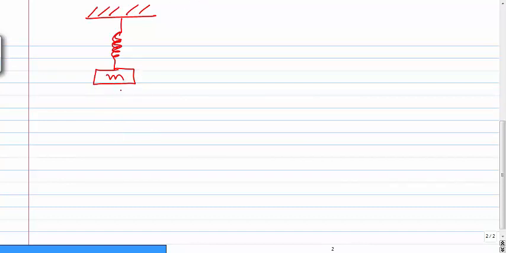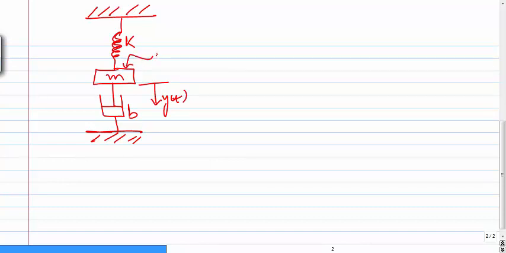Okay. Now after that you have this side. So this constant is k, this constant is b, and the direction that it moves is y of t, and we are applying a force on this mass.